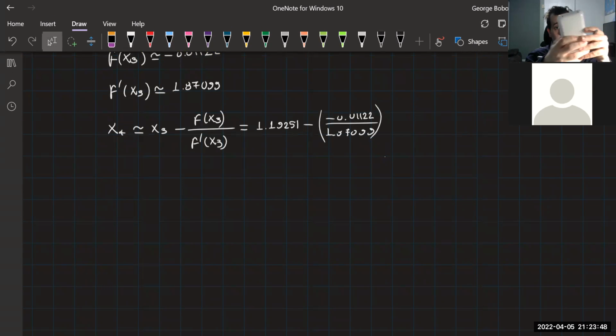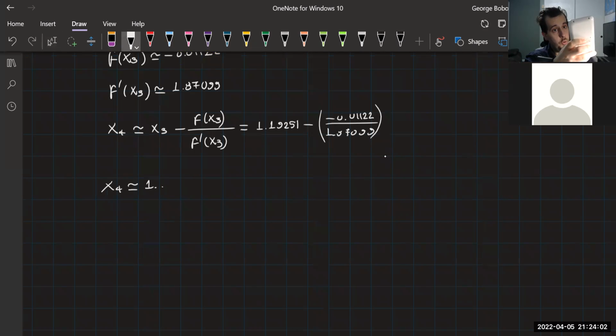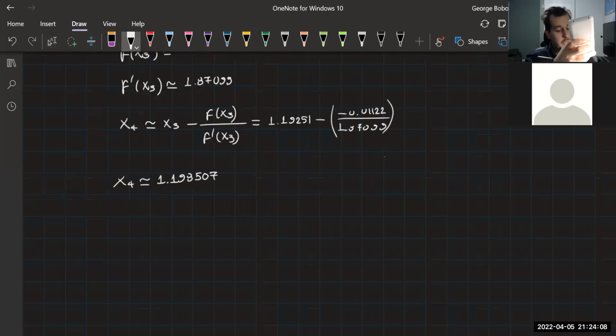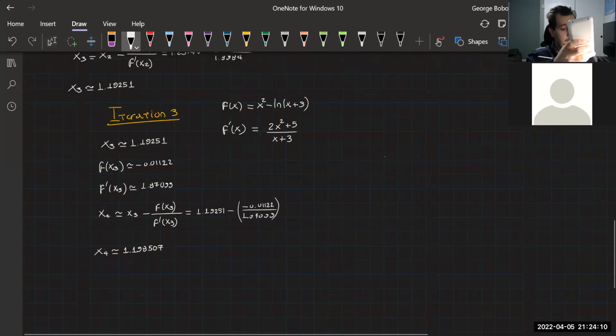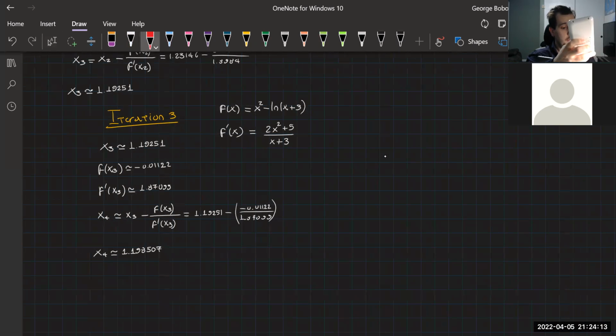All right, so I have minus 0.01122 divided by this times -1 plus the original number. You get x4 is approximately 1.198507. And you will see now that we already agree to 3 digits, okay?